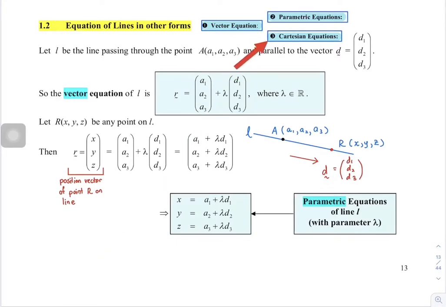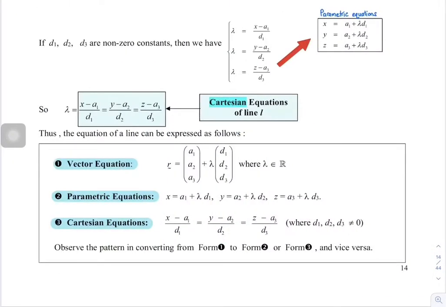We will now look into the third form of the equation of line called the Cartesian equation. From the parametric form of the equations, by making lambda the subject for each one of the components, we actually have these expressions being equal to each other. Writing that as a single equation, we have (x minus a1) divided by d1 equals (y minus a2) divided by d2 equals (z minus a3) divided by d3.